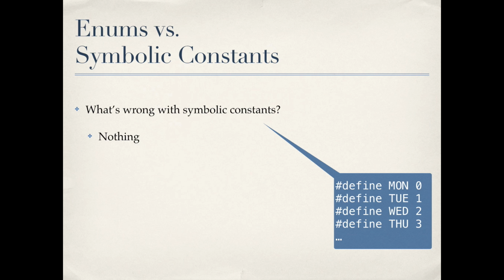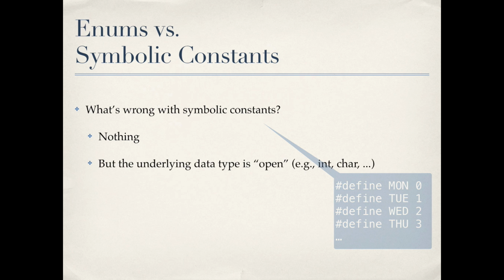So yes, that's true. There is nothing wrong about symbolic constants, but we have one thing, and this is again a little bit about clarity and self-explaining source code. If we have a general symbolic constant, the underlying data type is open. This means it's an int or a character or whatever.